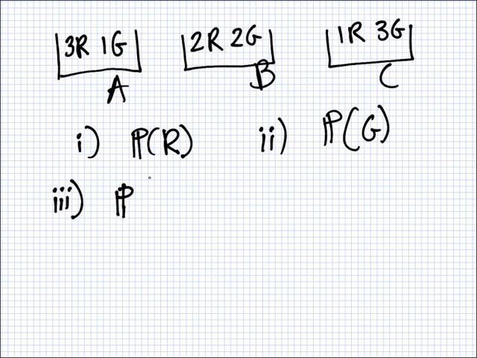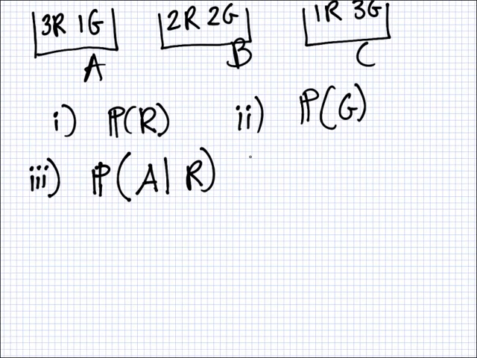The last one is the probability that you actually picked box A, given that you got a red ball. Okay? Give that a try. See if you can get this. I'll give you the answer in a minute.